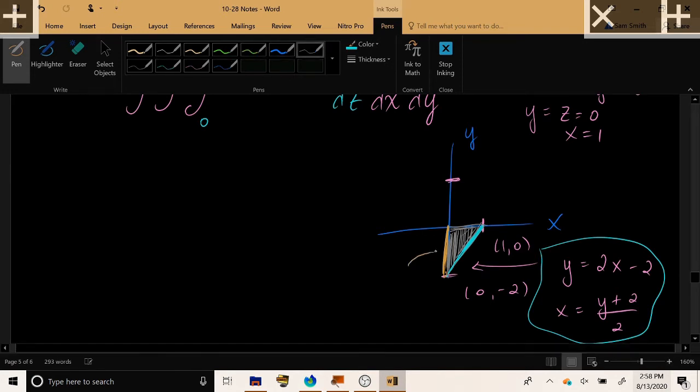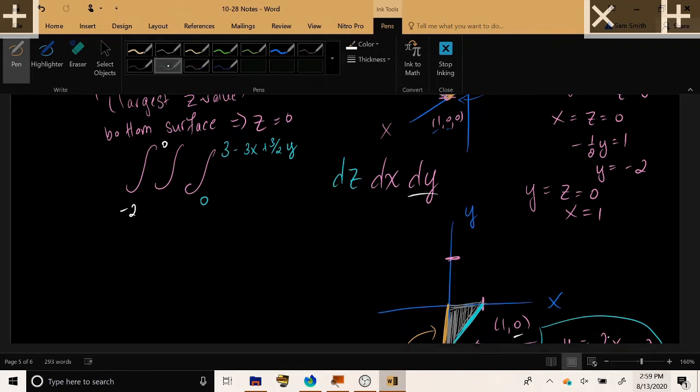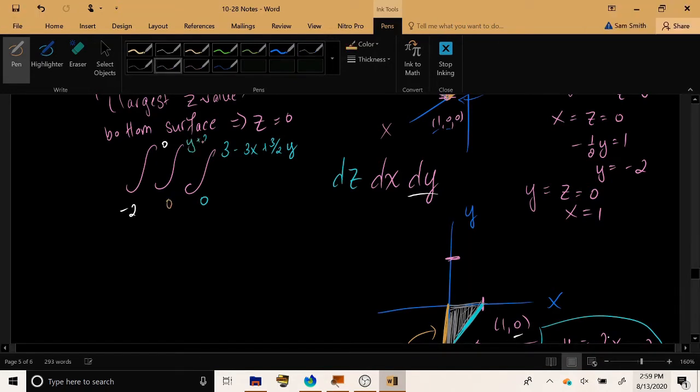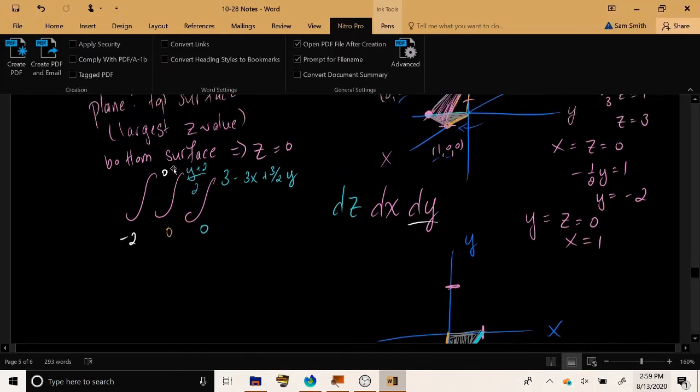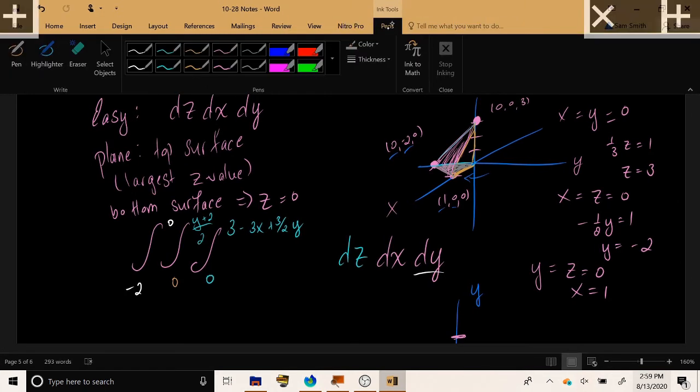For the left limit, it is constant at x equals 0, right there on the y-axis. This is valid for y-coordinates from negative 2 up to 0, where x stretches from 0 on the bottom to (y plus 2) over 2 on the top. This could be used to calculate the integral of some function f of x, y over the volume D.